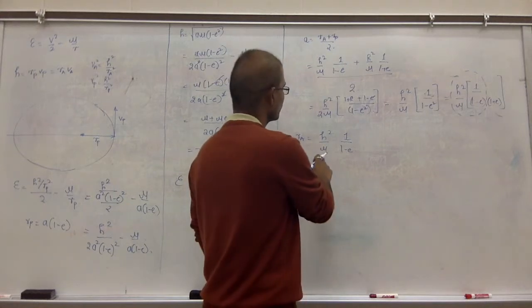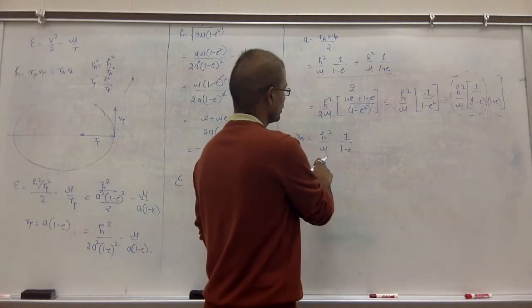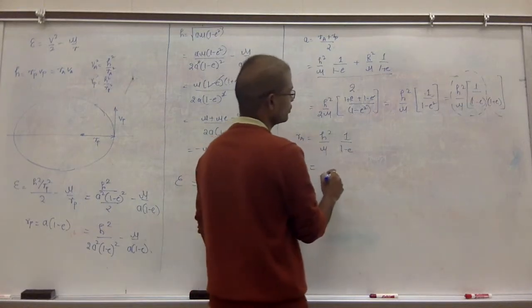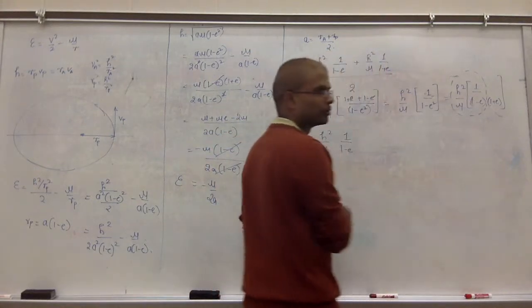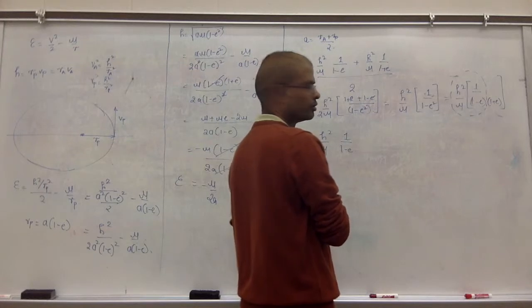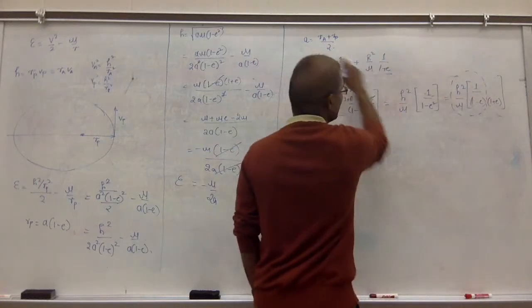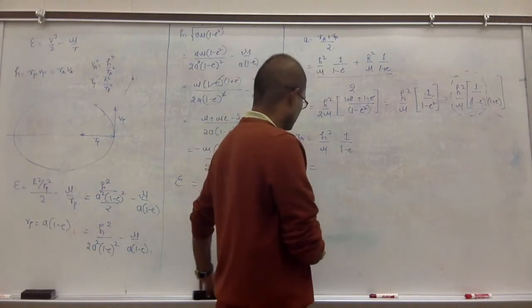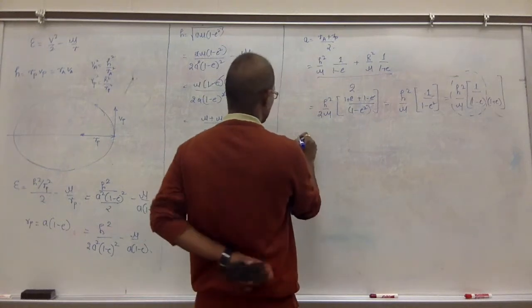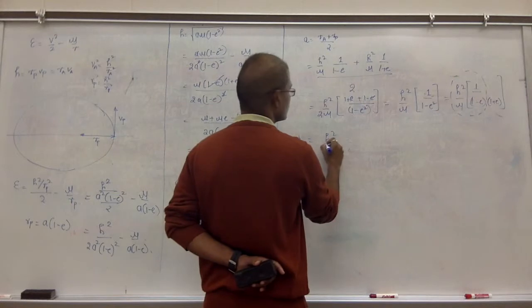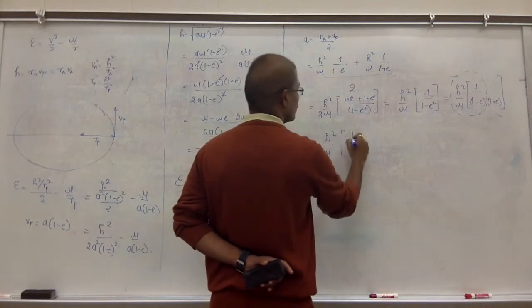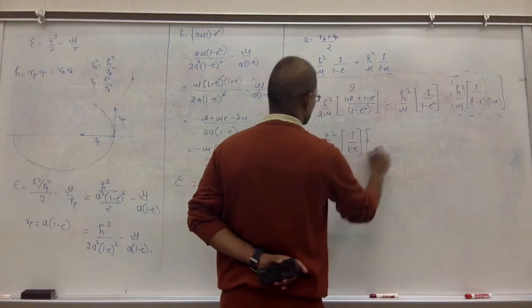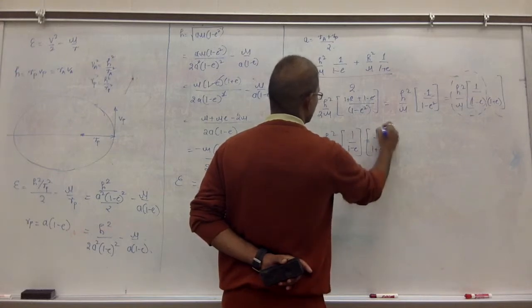Right? Or what you can do is, h square over mu is also equal to, so you move this to the other side, A into 1 plus E. Look into this.